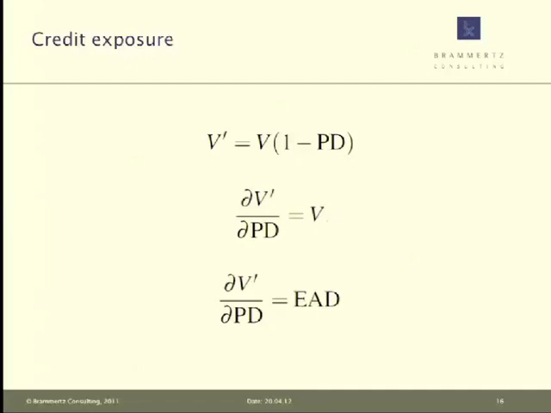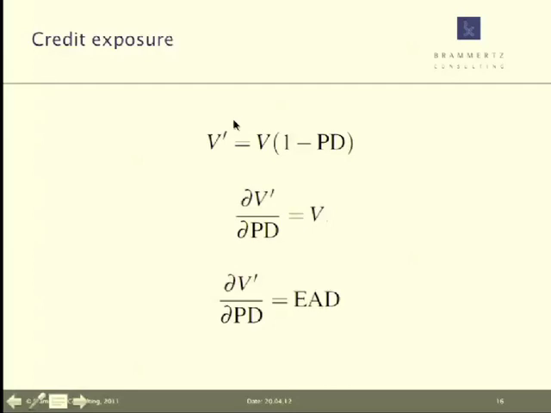Besides market risk factors, we have credit risk factors. So what is the credit risk sensitivity? Here we see the impaired value, V prime.